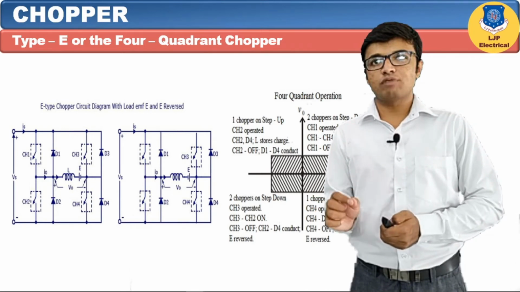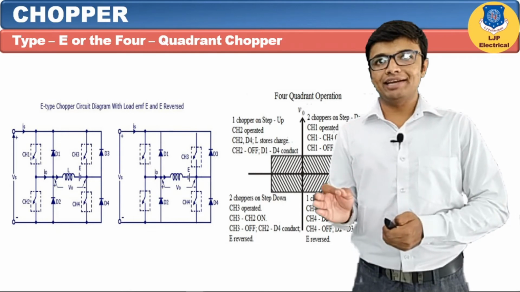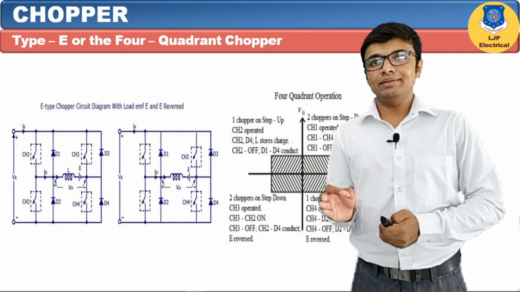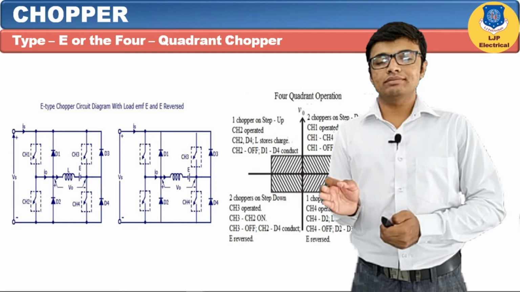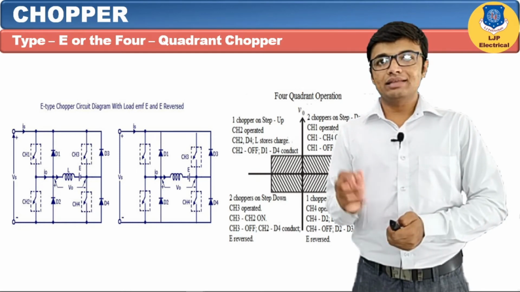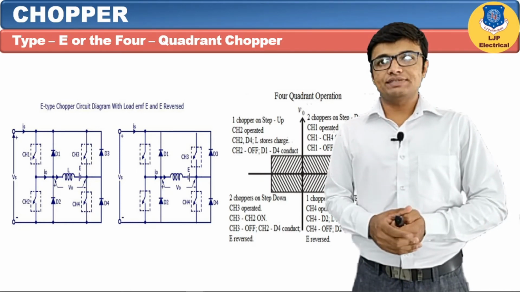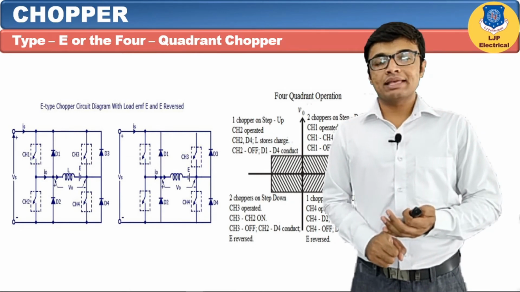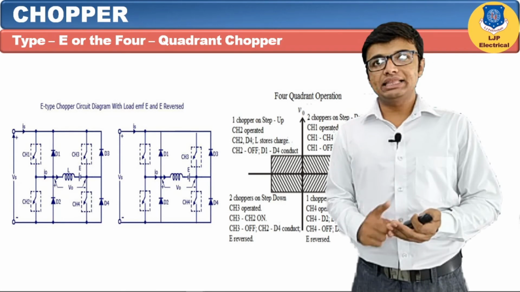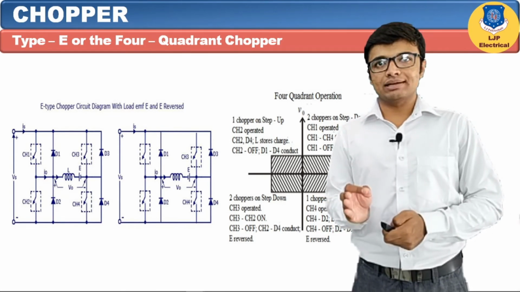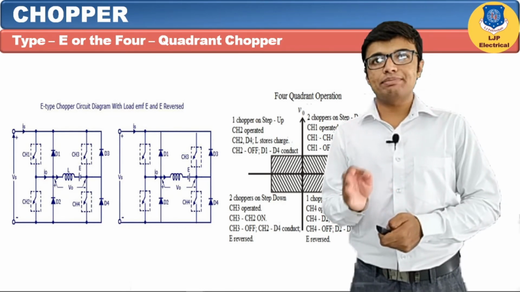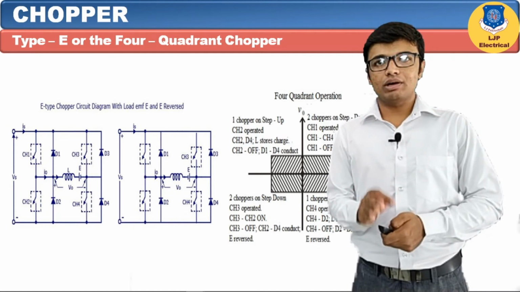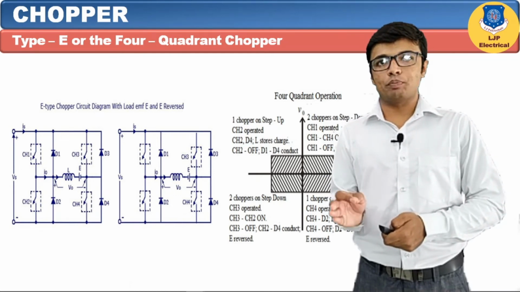So current will flow from the load to diode D3, supply, diode D2 and come back to the load. When switch 1 and switch 4 are on, it is a kind of step down chopper. At the same time when diode D2 and D3 are on, we will get operation in the fourth quadrant. It is also a step up kind of chopper.